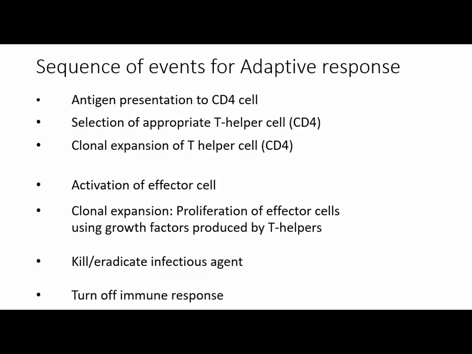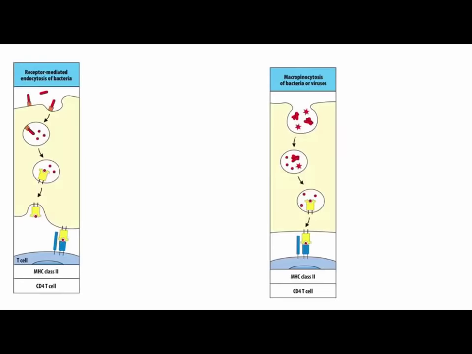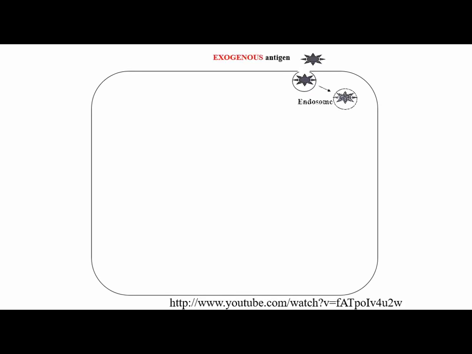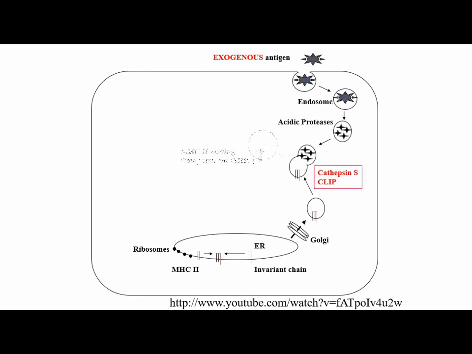Irrespective of whether it's a viral infection, a bacterial infection, a parasitic infection, irrespective of what infection it is, this is your checklist. So once again, we have the process of antigen presentation. In this case, the antigen presenting cell takes it up, breaks it down, and presents it on MHC2 through the exogenous pathway.